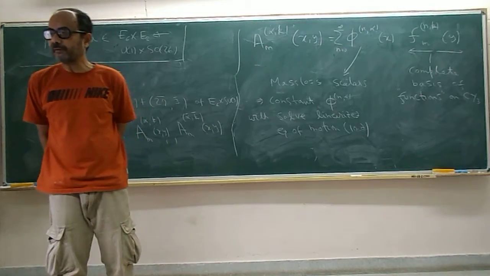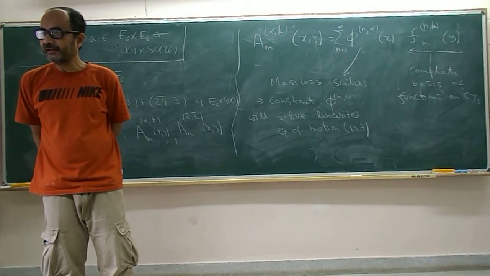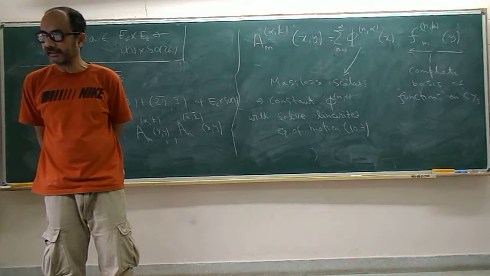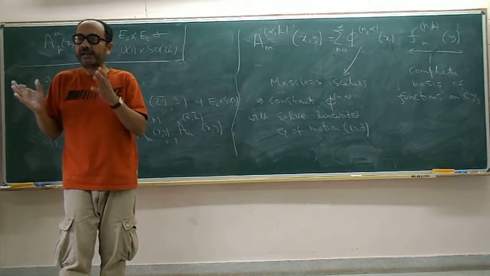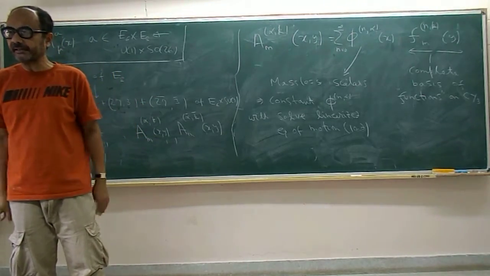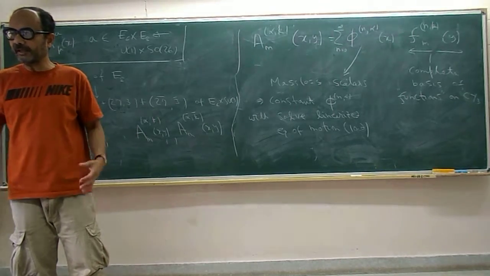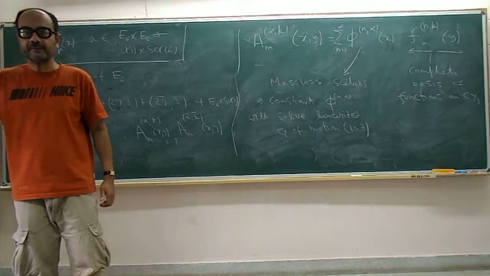And the hope is that the functions n will be chosen in such a way that for fixed n, different n's will not mix. That's the way that last time we did it, by choosing these to be eigenfunctions of the Laplacian with eigenvalues, so the different n's didn't mix. Similarly, we will try to choose n in such a way that massless states correspond to some fixed values of n.